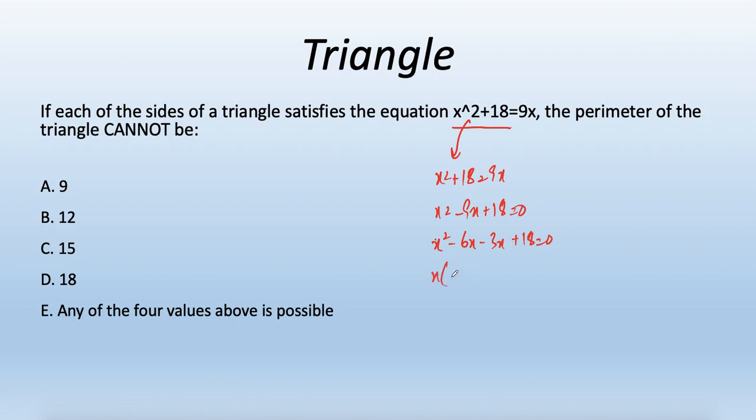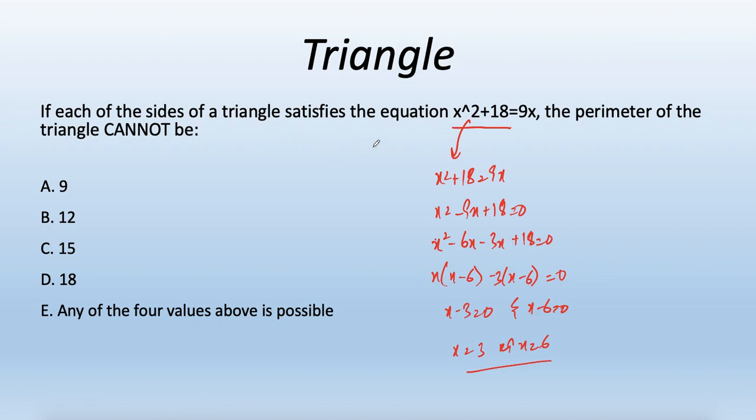So x minus 6 into x minus 3 is equal to 0. Based on this, x minus 3 is equal to 0 and x minus 6 is equal to 0. So x is equal to 3 or x is equal to 6. So there are two possible values out of this equation. That means each side must be either 3 or 6.